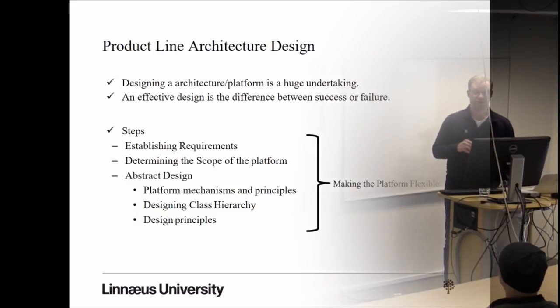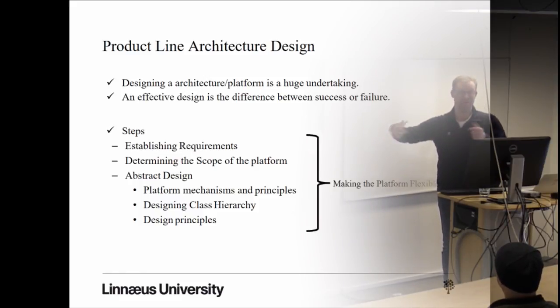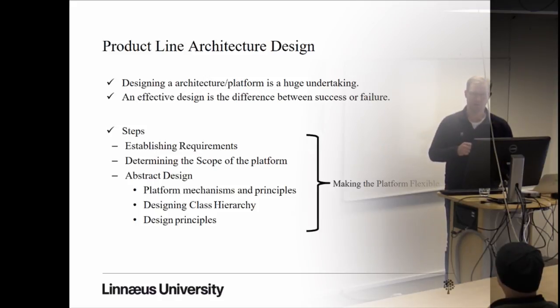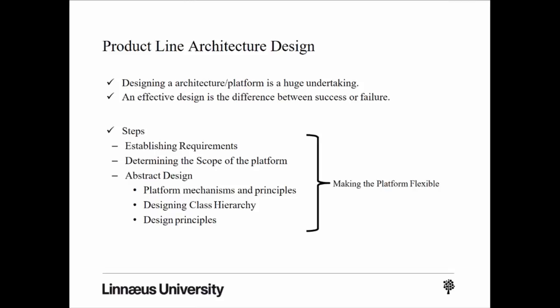And on average, it's 4 products. When you have 4 products developed, you have amortized all the investments you made into your platform, into your product lines, sorry.